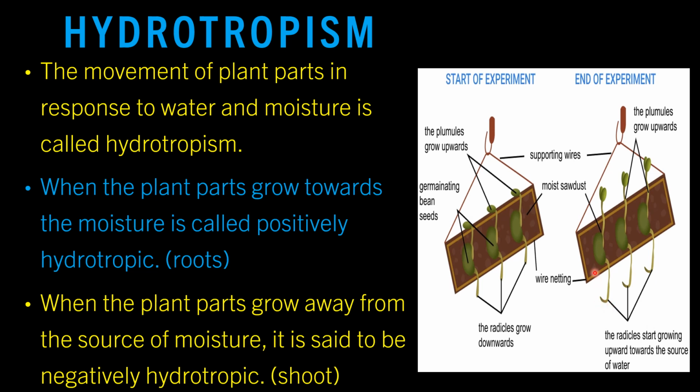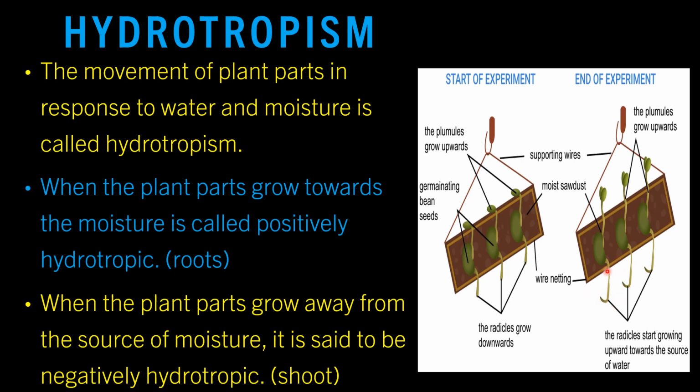source of water. This experiment shows that roots grow towards water and shoots grow away from water. For the roots, water is a more effective stimulus than gravity, because gravity is also influencing the radicle, but which stimulus is stronger here?